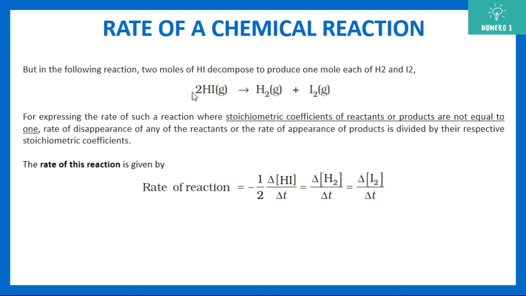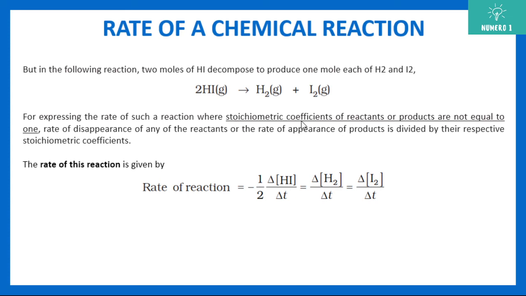So one molecule per second is generated. But how many are disappearing? The number of molecules disappearing is two molecules in a given second, right? So you have to divide by the stoichiometric coefficient, because this is disappearing at double the rate. It can be different also, we will see now.